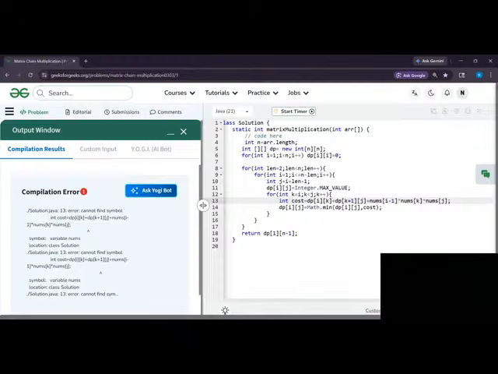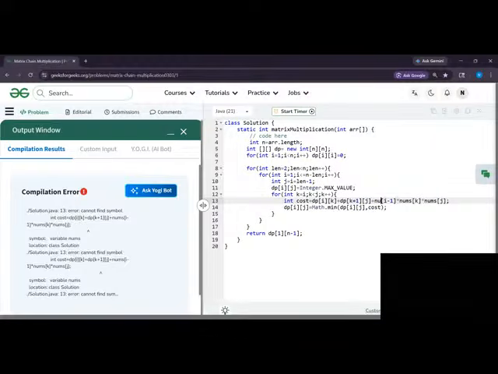It is dp of i and k plus dp of k plus 1 and j plus nums of i minus 1 into nums of k. Sorry, guys, it is not nums, it is arr. We took array. In the explanation I said nums, but here they are passing it as array, so it is arr, which caused the error.